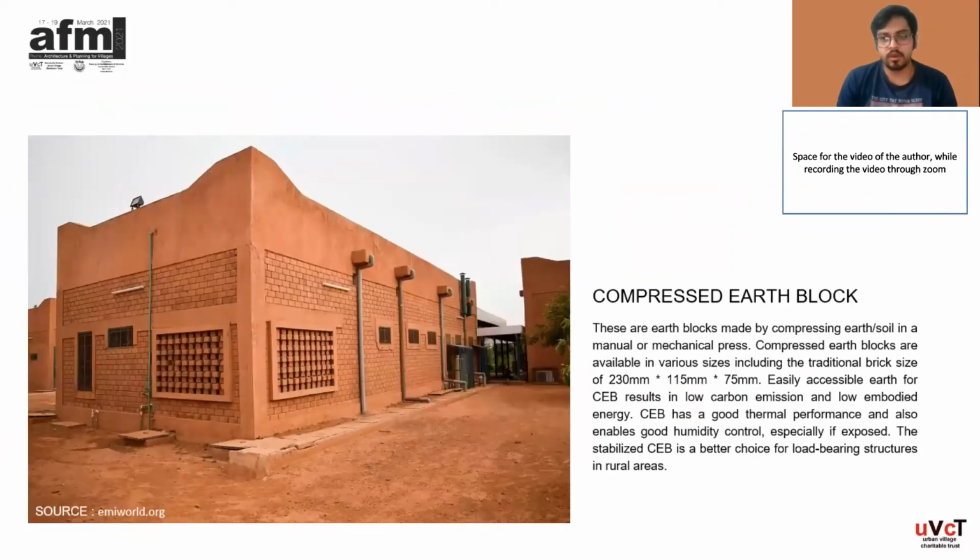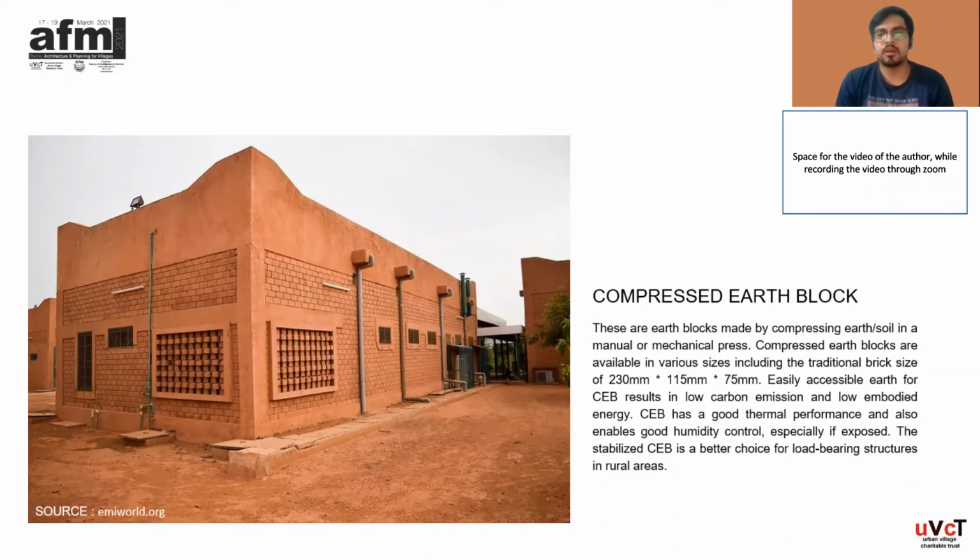Compressed earth block. These earth blocks are made by compressing earth or soil in a manual or mechanical press. Compressed earth blocks, or CEB, are available in various sizes, including the traditional brick size of 230 mm by 115 mm by 75 mm.